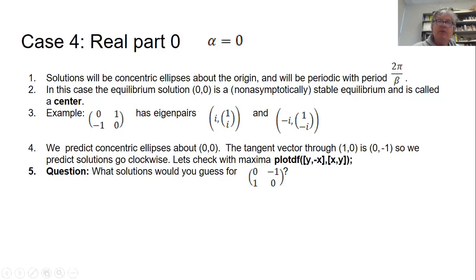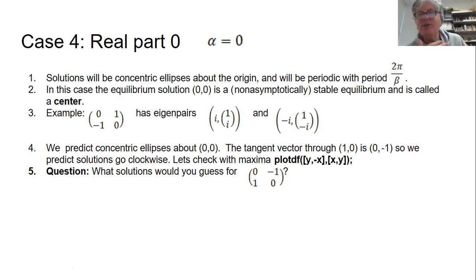It's the sign of alpha which gives us our three cases. So what happens when alpha is 0? Then the solution will be concentric ellipses about the origin, because I told you that fact before, that it parameterizes an ellipse. It's going to be periodic, and the period is 2 pi divided by beta. Okay. The equilibrium solution, the origin, you can call it stable.